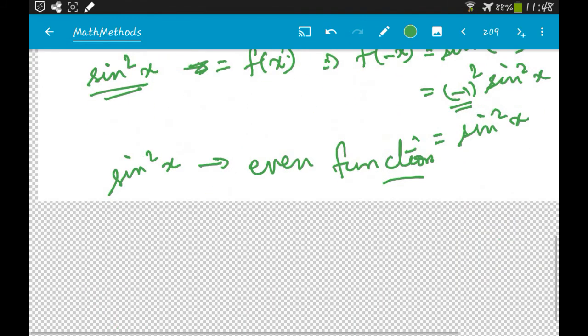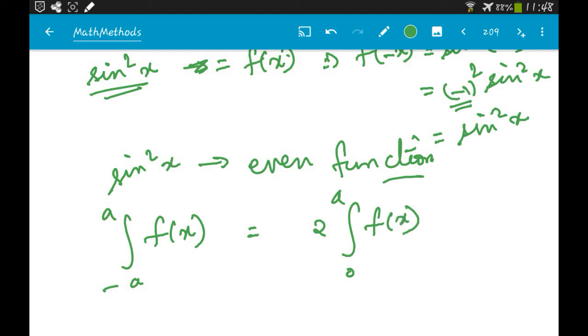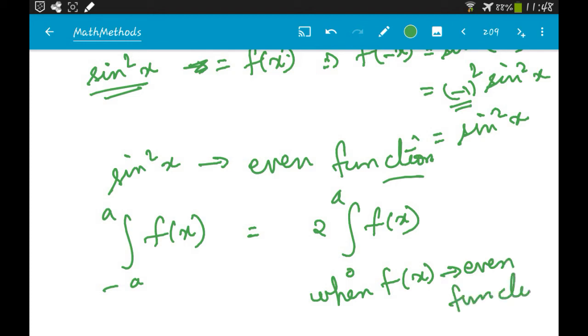So when you have an even function and your limits go from minus a to a, the integral of f of x is equal to 2 times the integral from 0 to a of f of x, when f of x is an even function. So you can sometimes simplify your integral like this if you need it.